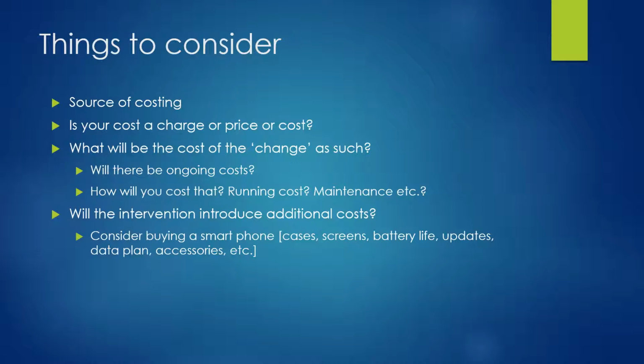So you see, sometimes the intervention will have unintended consequences, but you need to think about what those issues are that end up adding additional costs to the intervention itself.